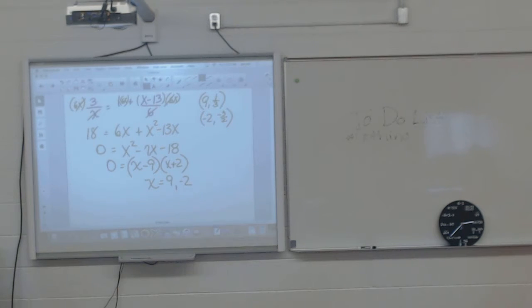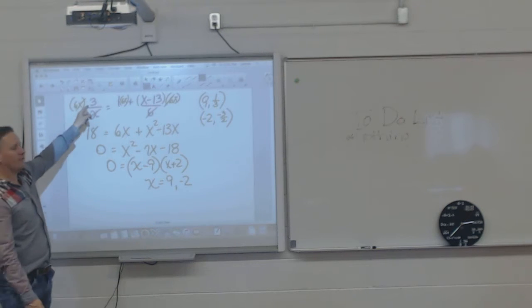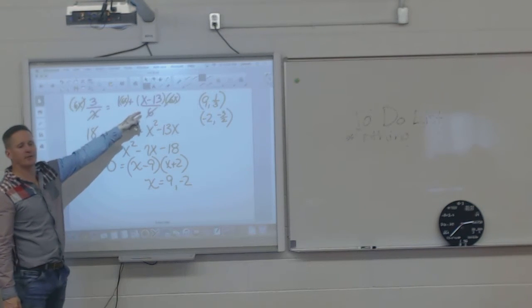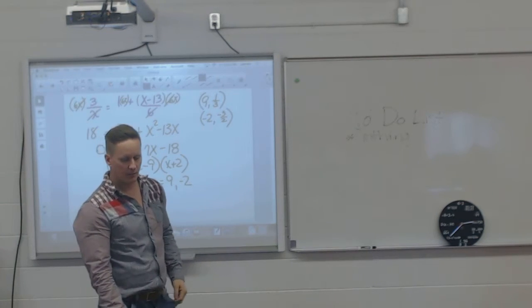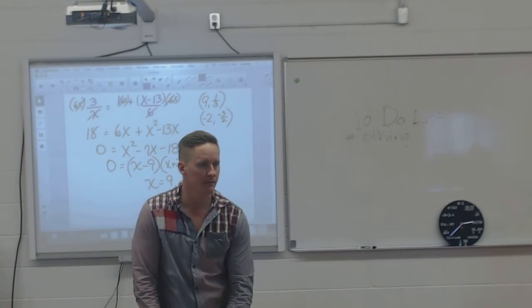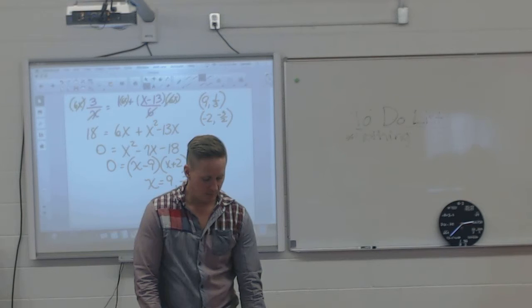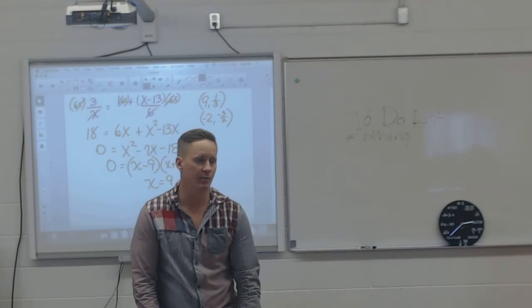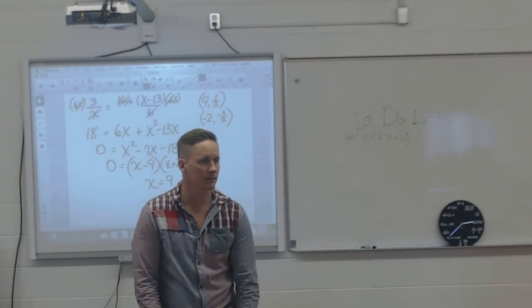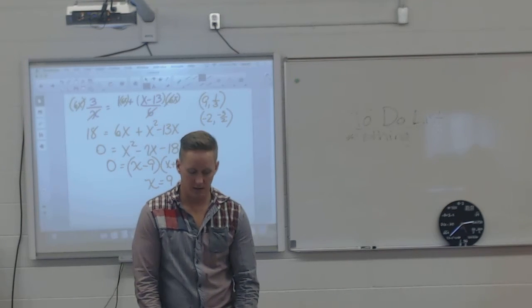Alright? That's algebraically. Graphing: graph y equals 3 over x. Graph that side and use your calculator to find out the intersection point. We don't do a lot of this on the exam, because if you're doing it algebraically, it's grade 11 work. Because you do all this in grade 11.